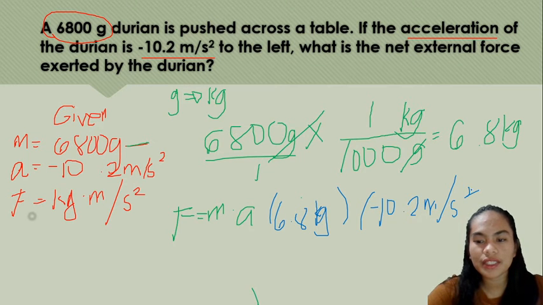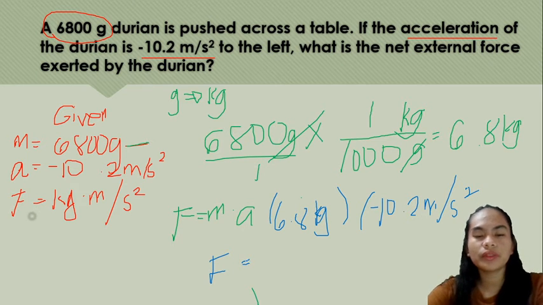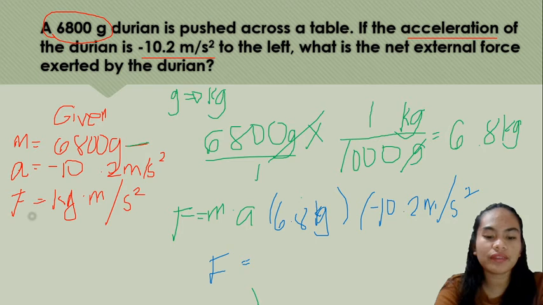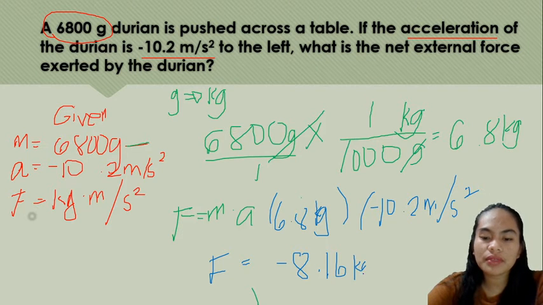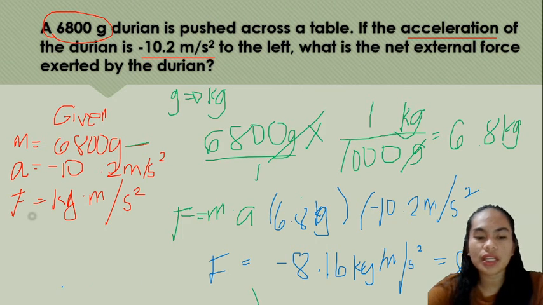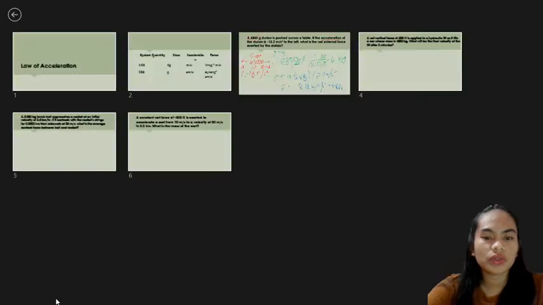What is the value of F? Net force is equal to 6.8 times negative 10.2. We have negative 8.16 kilograms meters per second squared, or the so-called negative 8.16 newtons. So our answer is 8.16 newtons.